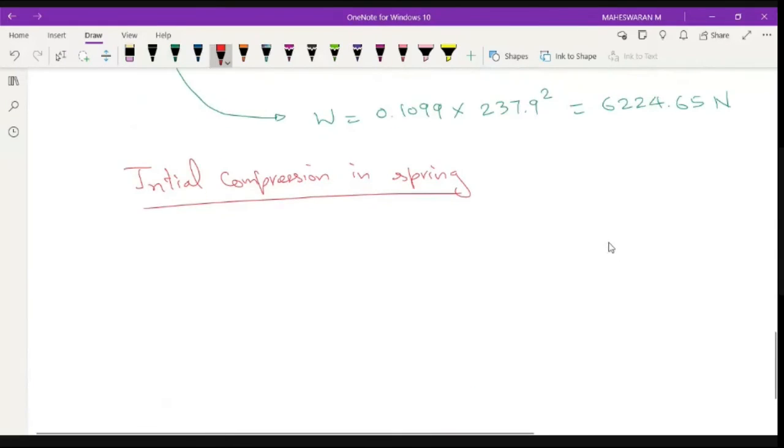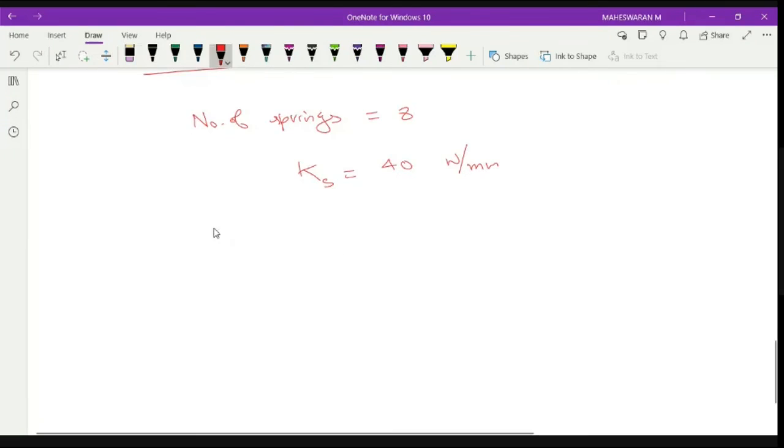So number of springs is equal to 8. Stiffness of the spring Ks is equal to 40 Newton per mm. What is the total stiffness? Total stiffness in spring is equal to 40 into 8, which means you are getting around 320 Newton per mm. This is the total stiffness.